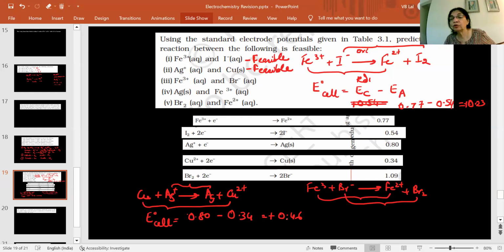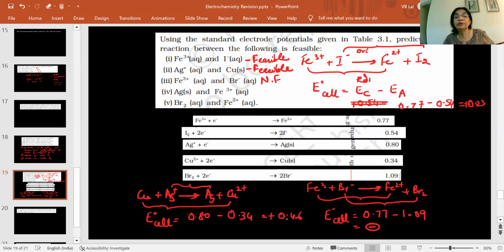So E cell, E cathode is iron, 0.77 minus bromine 1.09, right? So the answer will be negative. Since this is negative, this is not feasible. Wherever the answer is negative, it is not feasible.